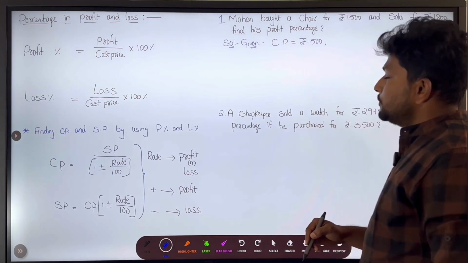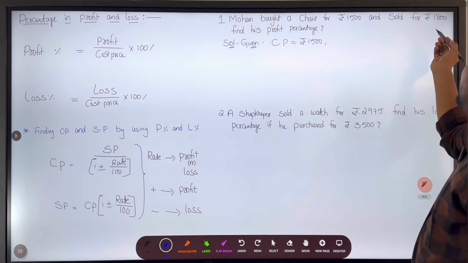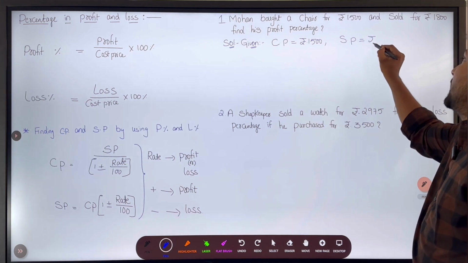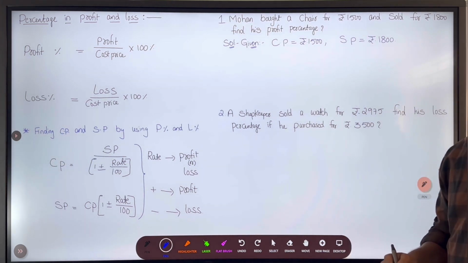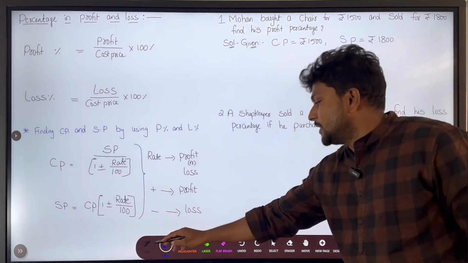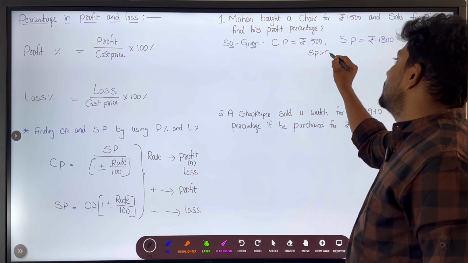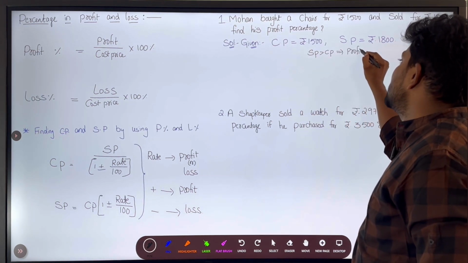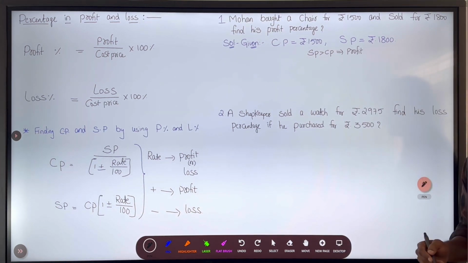Then sold for rupees, so the selling price here equals rupees 1800. So definitely we are getting profit because selling price is more than cost price. Profit is also called gain. But they are asking to find the profit percentage.